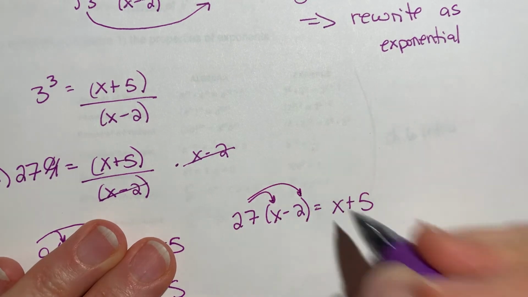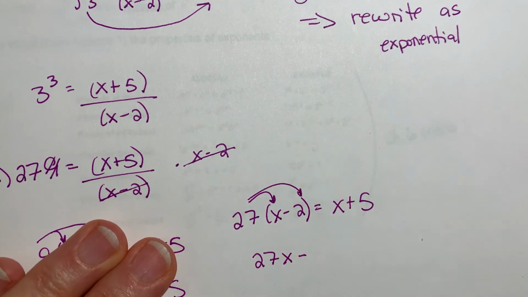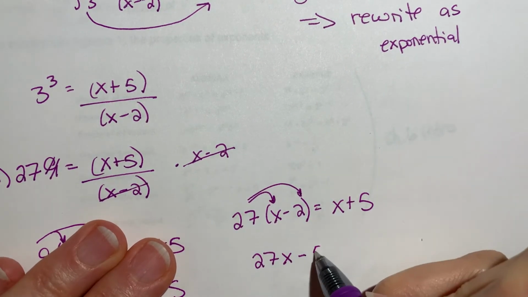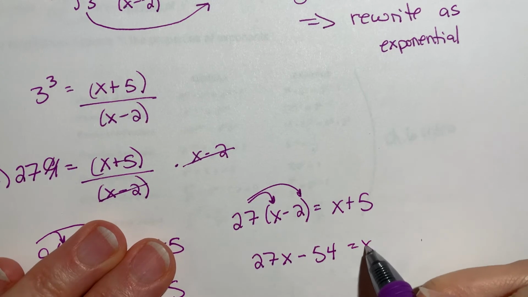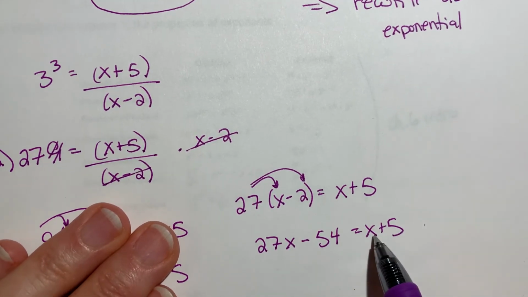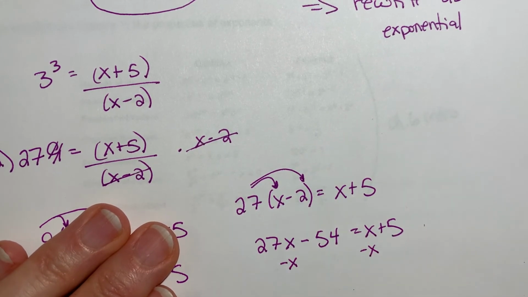Then I need to distribute this 27. I'm going to have 27x minus 27 times 2, I think that's 54, equals x plus 5. I'm doubting myself, so I'm going to quickly check that in a calculator, although I'm pretty sure. Yeah. Now I have x on both sides of the equal sign, so I'm going to subtract x from both sides.